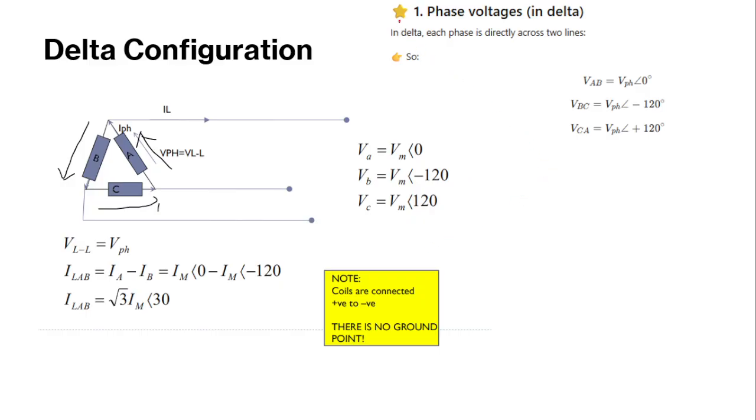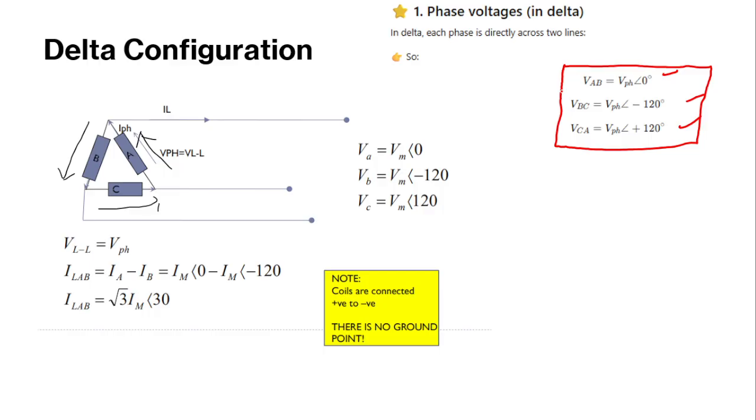So just like before, you have your three voltages, VAB, VBC, and VCA, and they're shifted 120 degrees apart.